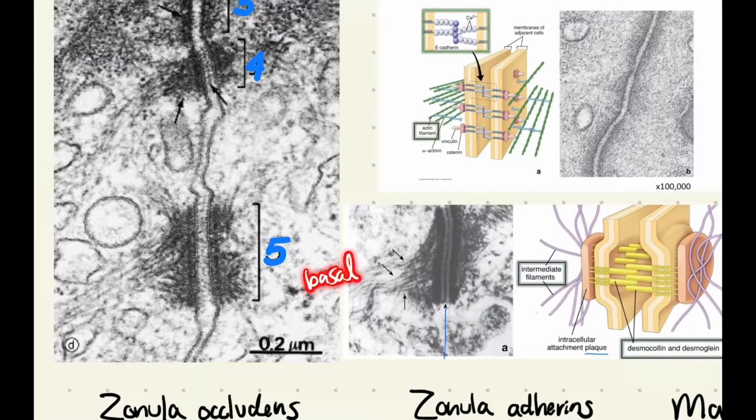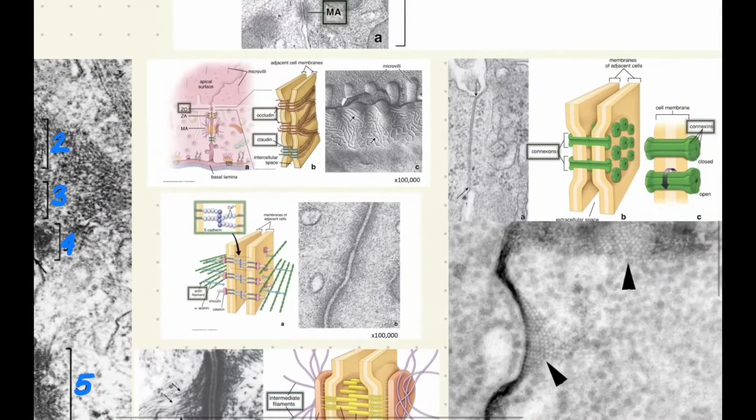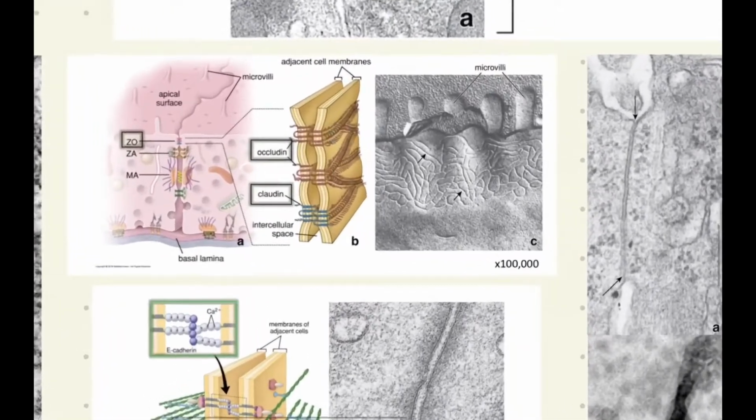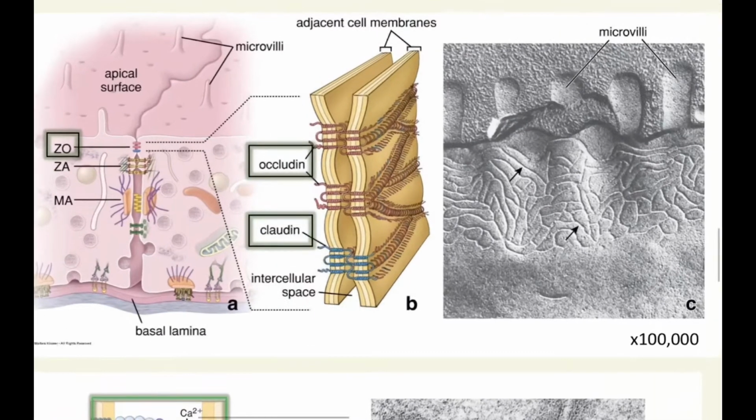Also, as it's more basal, you know that this is not going to be the Zonula Adherence at all. And it's also characterized by a darker spot right there. Okay. Now, let's move on into a more detailed look at each structure.